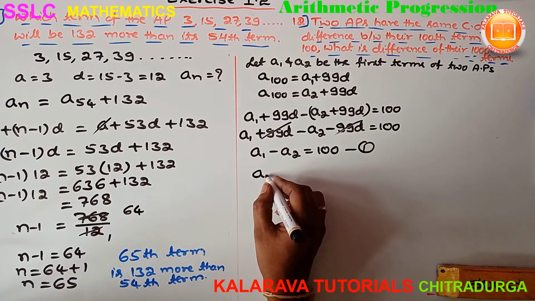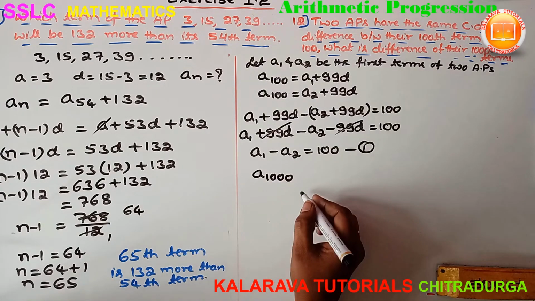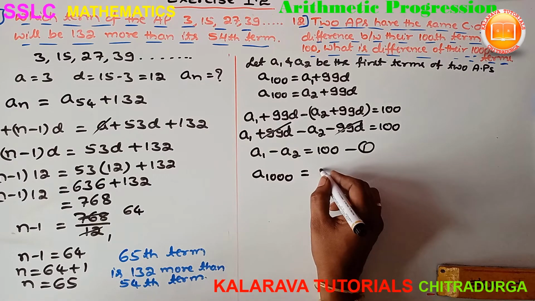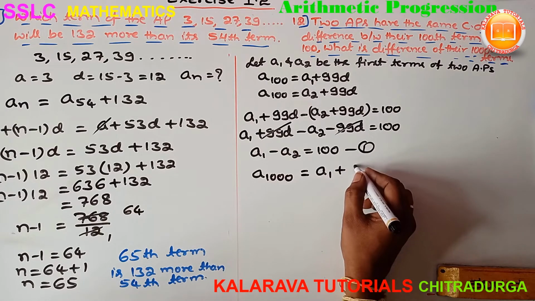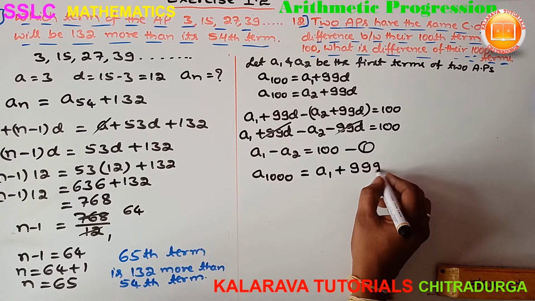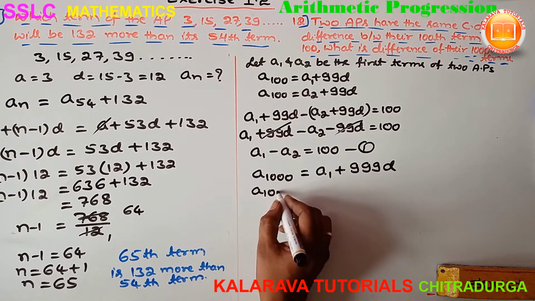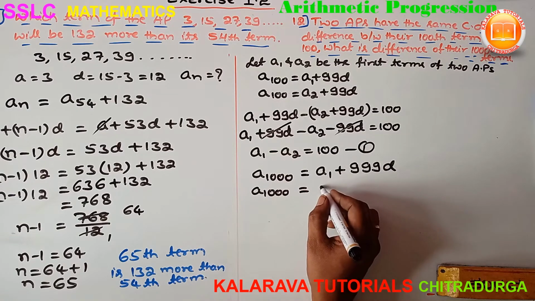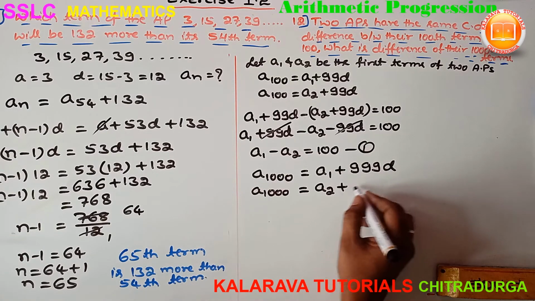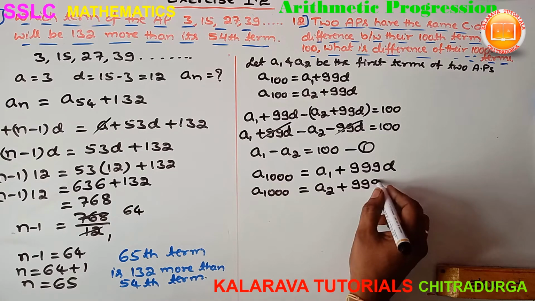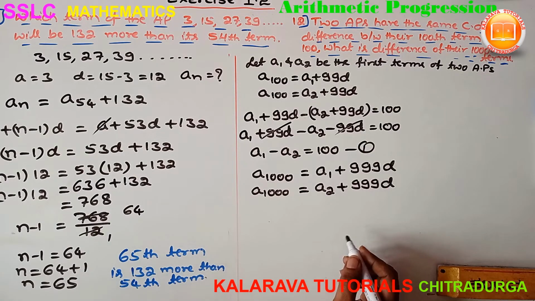The 1000th term in the first AP can be written as A1 plus 999d. And for the second AP, the 1000th term can be written as A2 plus 999d. So now we have to find out the difference of these two terms.